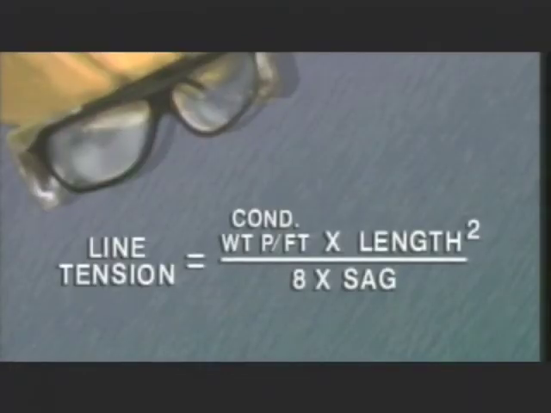As described earlier, this is done by working through the formula: line tension equals conductor weight per foot times the span length squared, divided by 8 times the sag in feet. The conductor weight per foot in this example is 0.655 pounds.